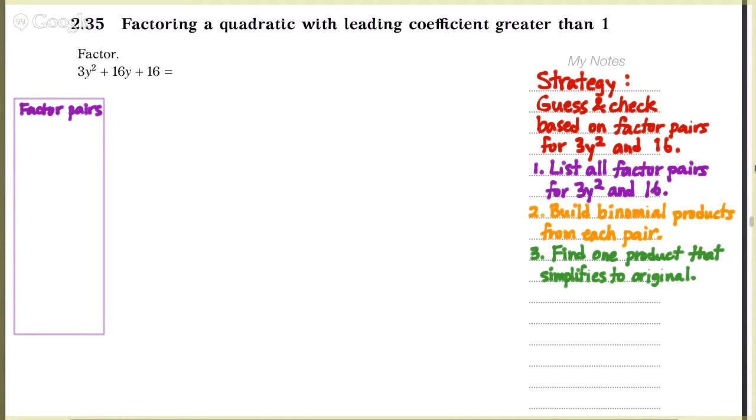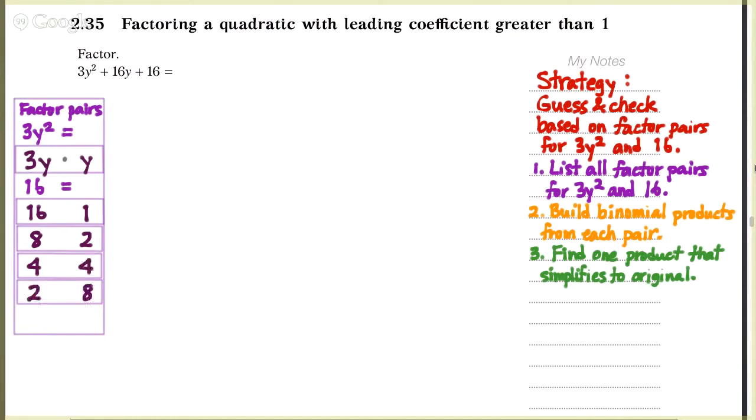So let's start by finding factor pairs. How can I split 3y squared into a product of two factors? Well, there's only one way to do it because 3 is a prime number. The only way to split 3y squared into a product of two quantities is to make it 3y times y. The fact there's only one way to do that is really helpful in this problem because it's going to limit the number of factor pairs that we need to include in our guessing and checking process. 16, on the other hand, has a lot more different factor pairs.